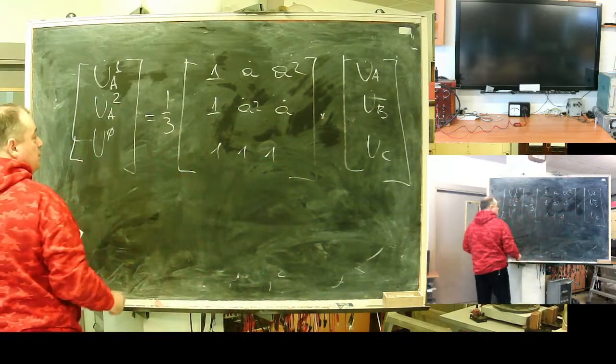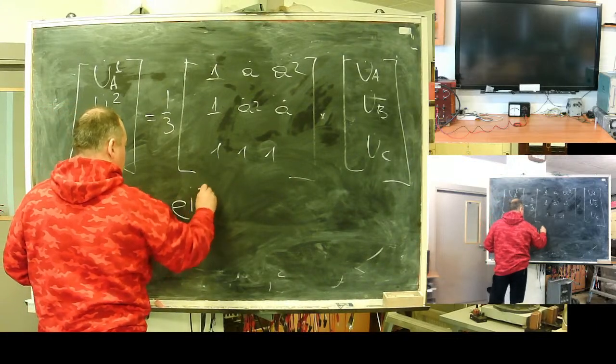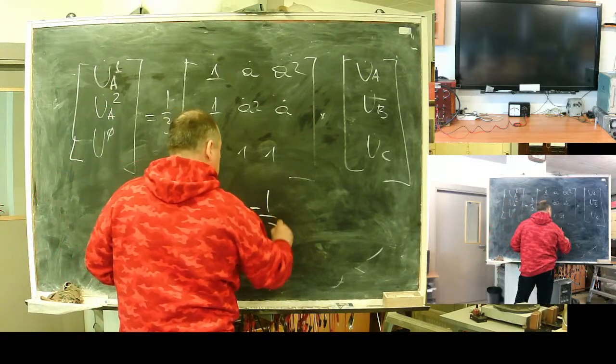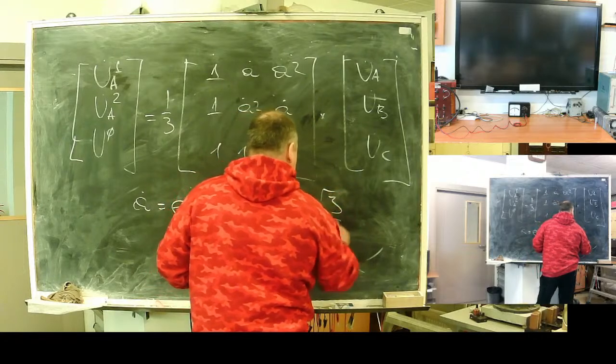Here again, a is e to the power j2π/3, or minus 1/2 plus j times square root of 3 divided by 2.